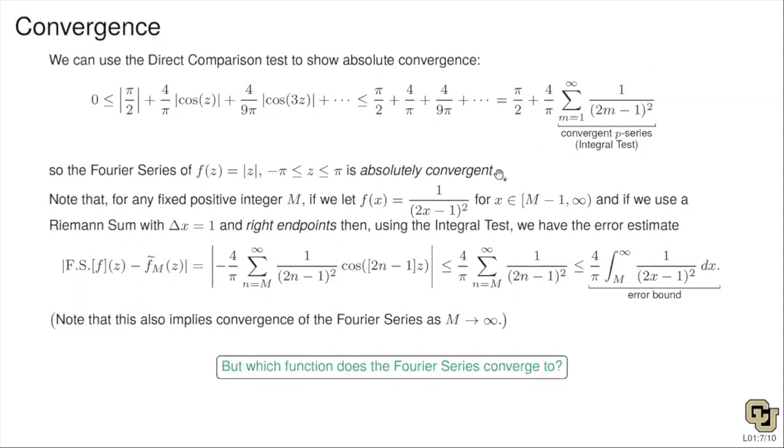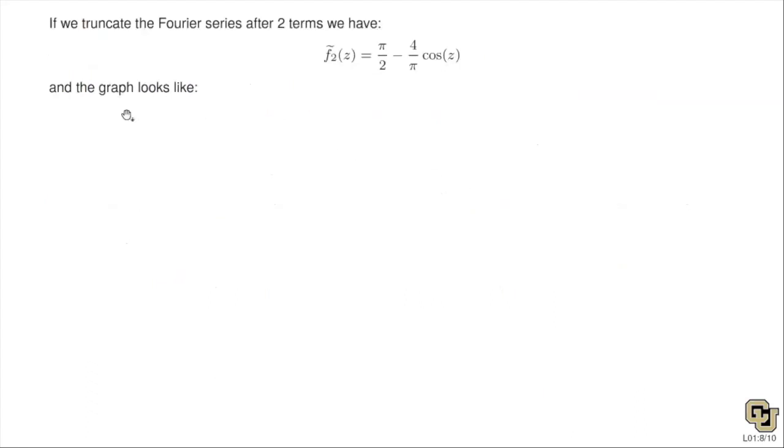So here, just for fun, I did some numerical experiments. Graphs are not a substitute for analysis, but they're definitely fun to do. So what I did was I started with looking at f tilde sub 2.